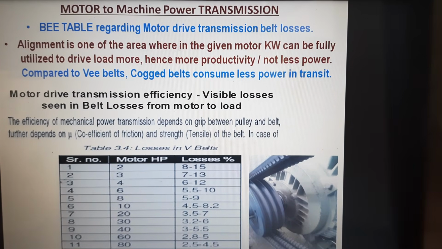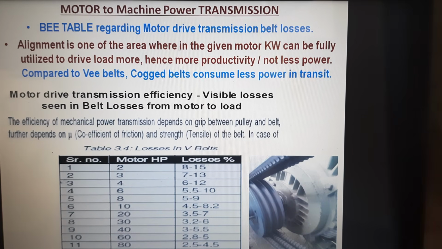Coming to the belts, the Bureau of Energy Efficiency has given an excellent table regarding the motor drive transmission belt losses, and you can see, especially on the classical V belts, losses of almost 8 to 15%, and up to 10 HP it is almost 2 to 8%. The efficiency of the mechanical power transmission depends upon the grip between the pulley and the belt, which further depends upon the coefficient of friction and the tensile strength of the belt.